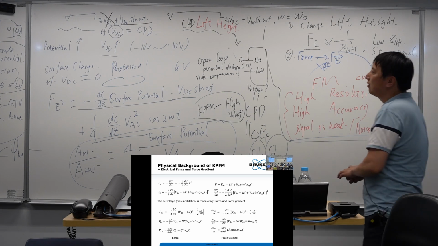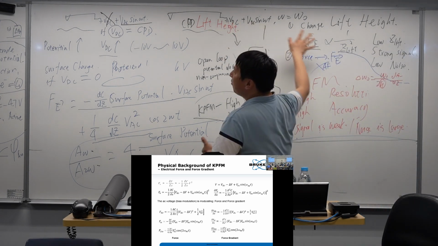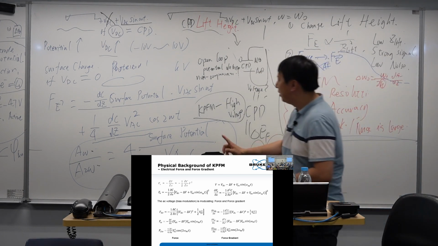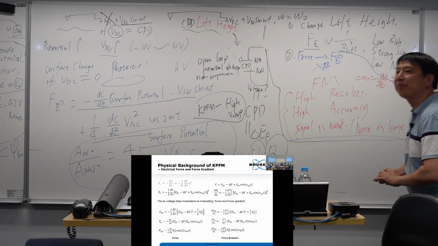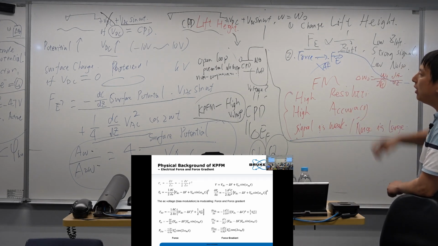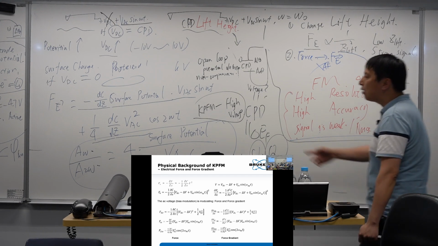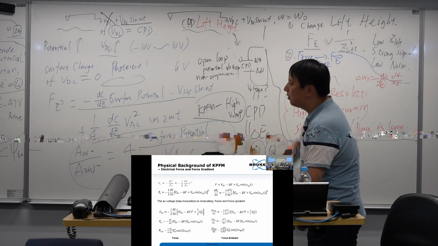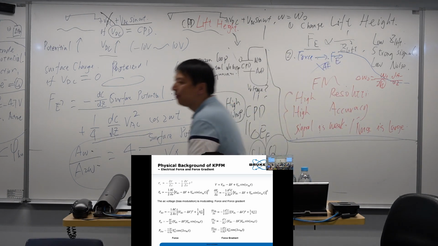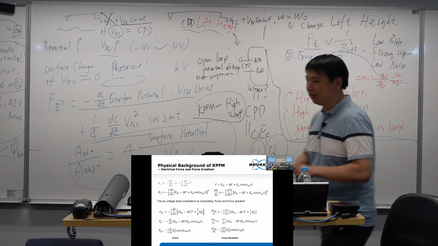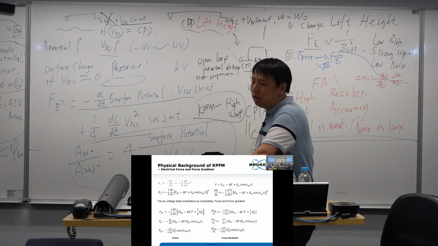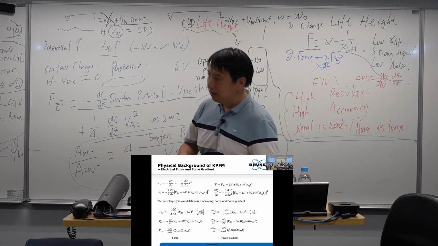When we don't have the KPFM way, we will use this kind of method, and we call it KPFM high voltage. It does not mean we compensate a high voltage, but we calculate the surface potential from this method. That's the KPFM HV way.